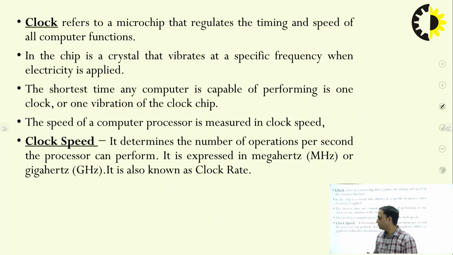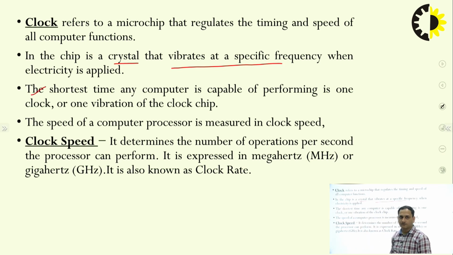Clock refers to the microchip. It regulates the timing and speed of all computer functions. In the chip, it's a crystal that vibrates at a specific frequency when electricity is applied, and the shortest time any computer is capable of computing is 1 clock, or 1 vibration of the clock.